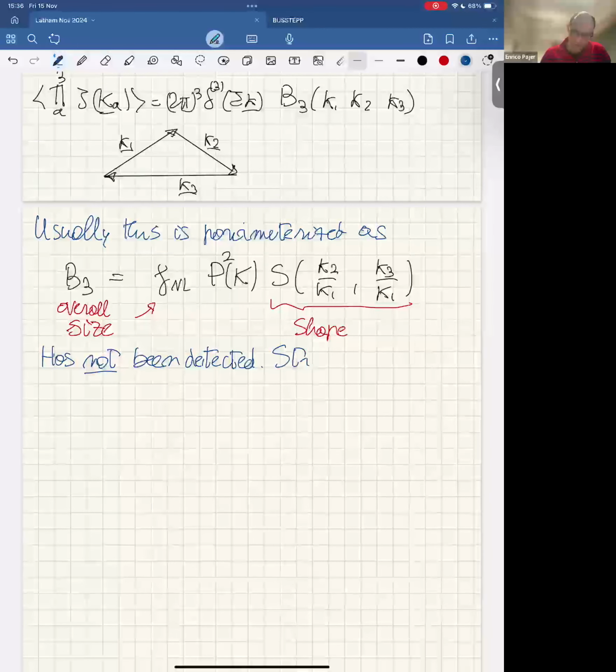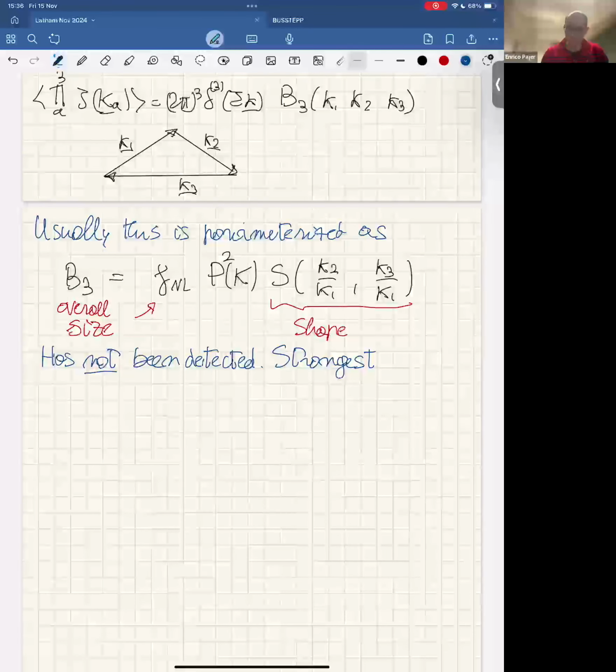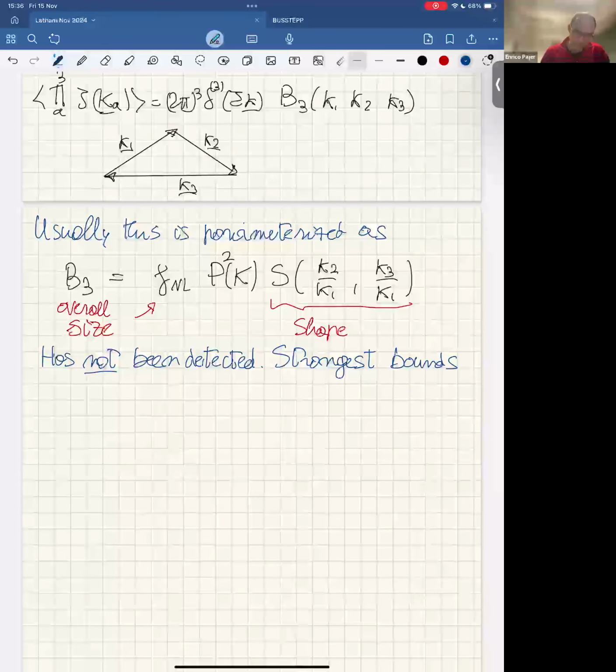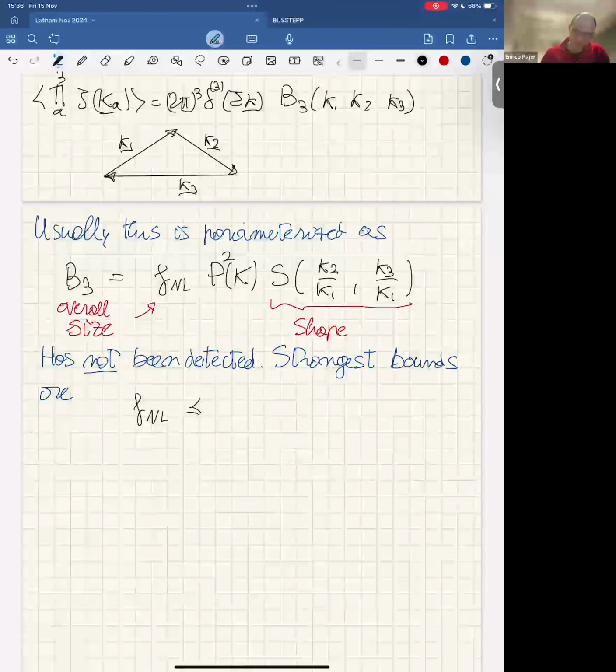The strongest bound comes from the best measurement of the cosmic microwave background by the Planck satellite launched by the European Space Agency. And they give bounds that this nonlinear parameter is smaller than of order 10.